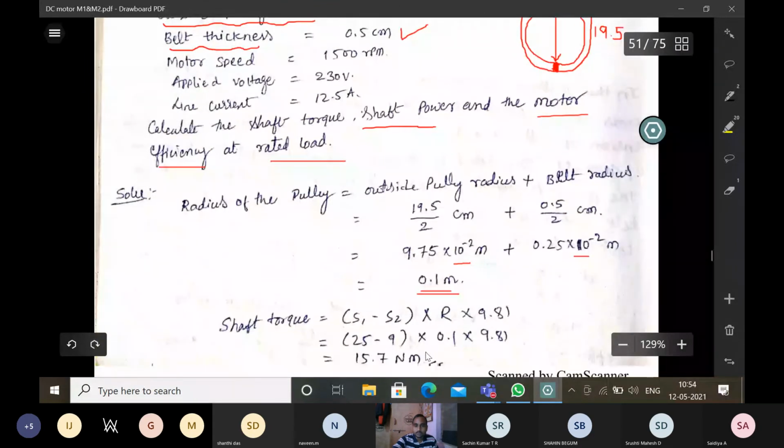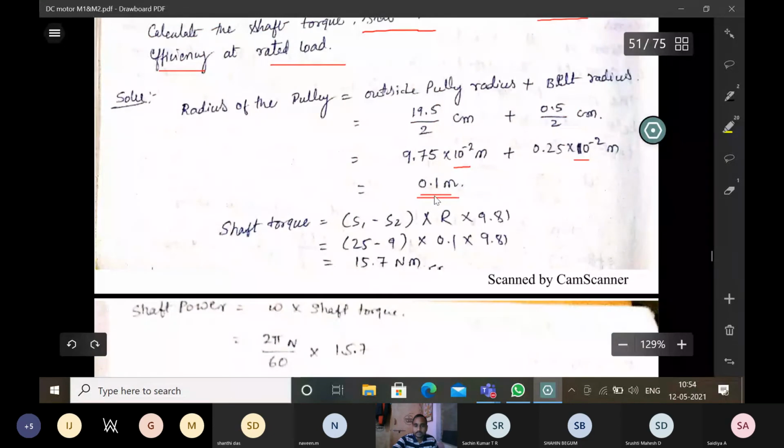So 25 minus 9 is 16 kg, and 0.1 meter is the radius of the brake drum, the total pulley, multiplied by 9.81. Torque is in terms of Newton meter: 15.7 Newton meter.